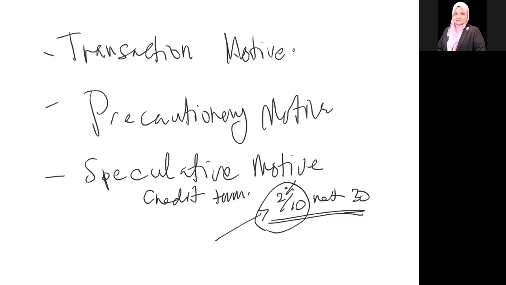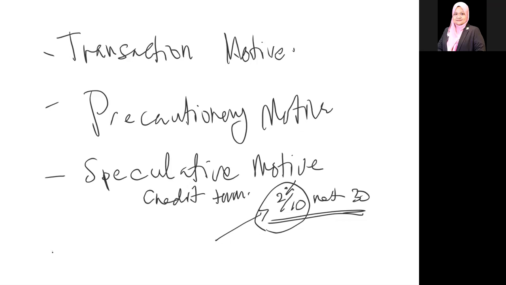So basically, speculative motive will help you if you have cash to pay within 10 days. It is a speculative motive because you want to gain profit from the situation. You believe that the price in the future will increase. So instead of paying the price in the future, it's better for you to pay earlier because you can pay less. So we call it speculative motive.